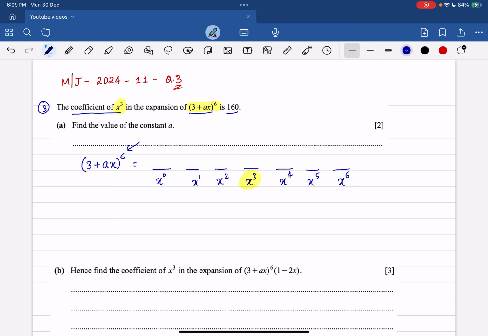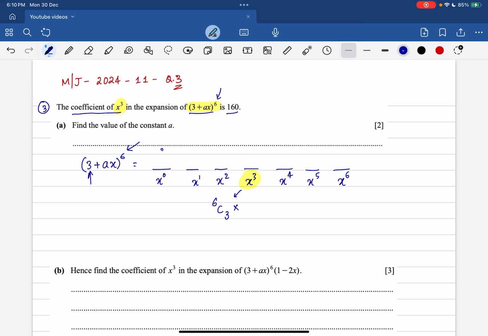As you had looked at a little trick from the previous question, we said that the trick that we can use is 6c, and the power of x goes in the bottom of c. 6 choose 3.